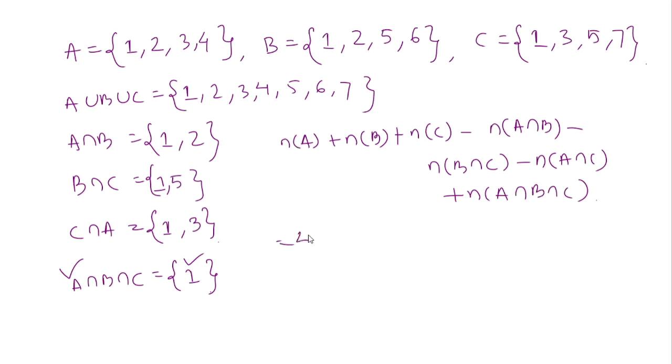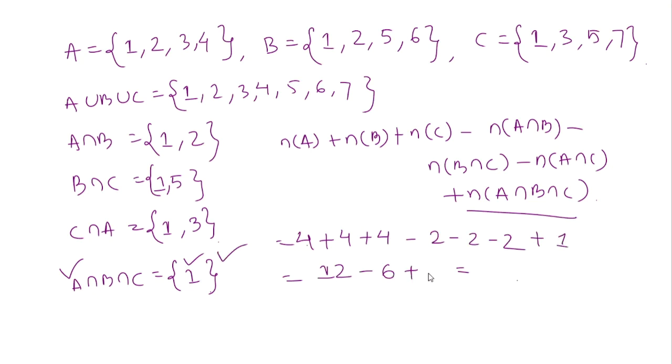This will be 4 plus 4 plus 4 minus 2 minus 2 minus 2, and plus 1, as this is a singleton set. So this will be 12 minus 6 plus 1, and this will be equal to 7. Okay, now you can see here the A union B union C set is having 7 elements in total. So here also we got 7.